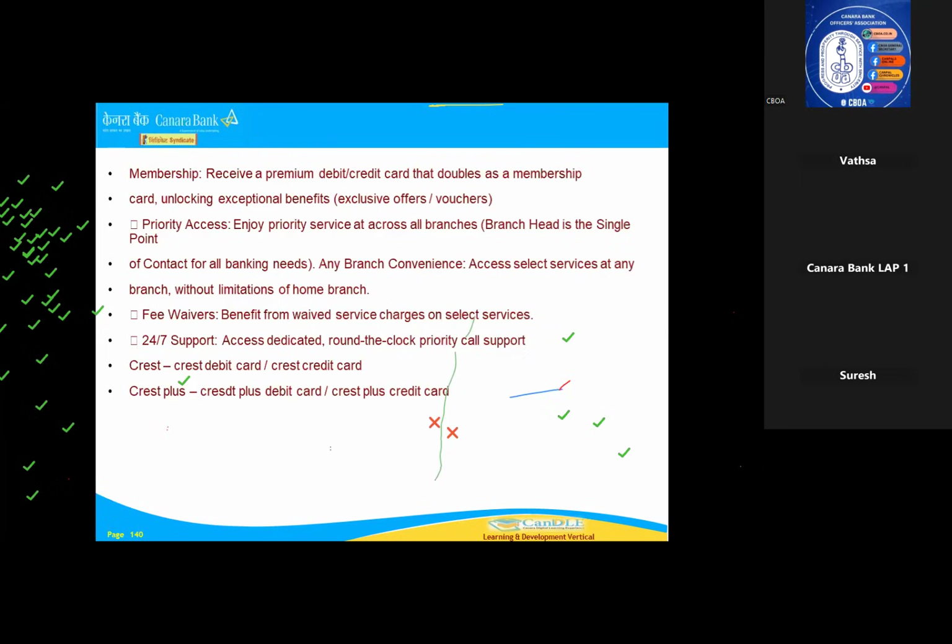And if they maintain the balance, the branch in charge has to attend because they are premium customers, and they will be enrolled as premium customers. Existing customers, if they maintain the balance, will get the membership. New customers, when they come, will also get the membership. The membership will give them access to any branch and get their work done.